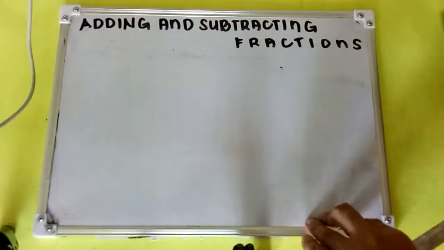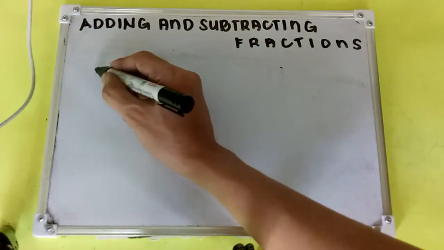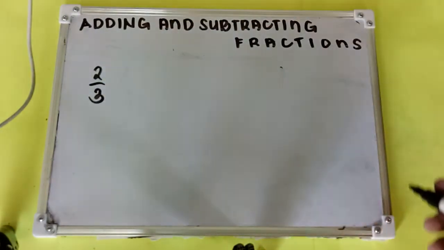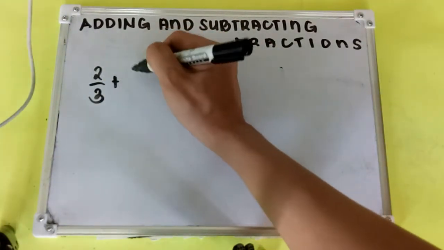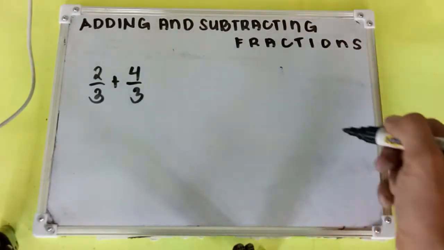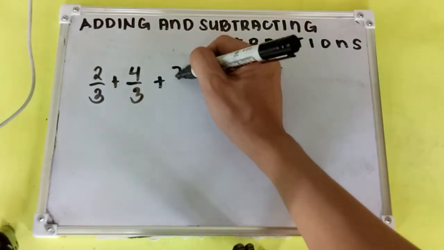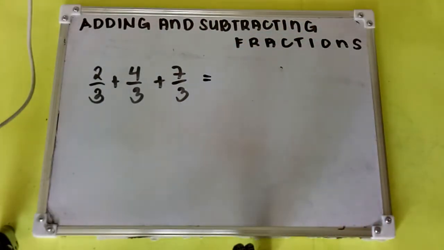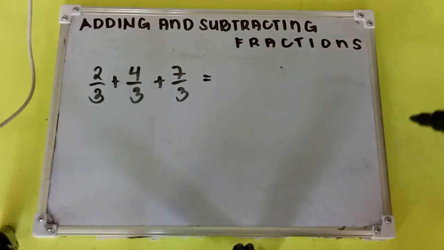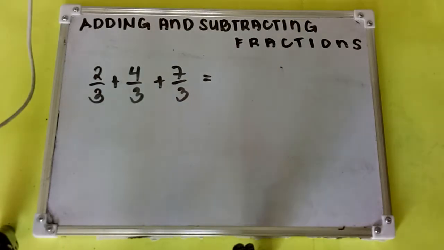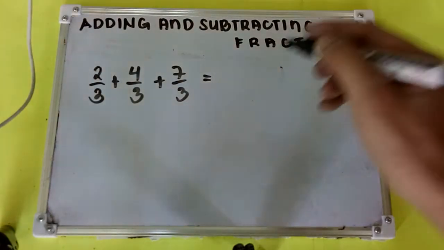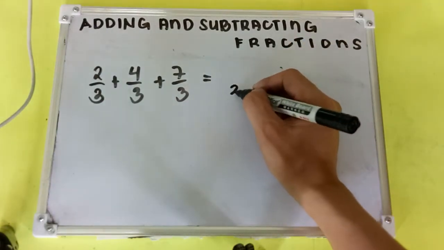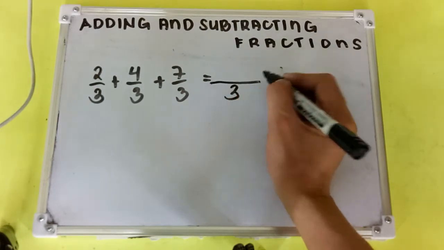Another example, 2/3 plus 4/3 plus 7/3 equals, again, they are an example of similar fractions. So kokopyahin lang natin yung denominator and then fraction bar.